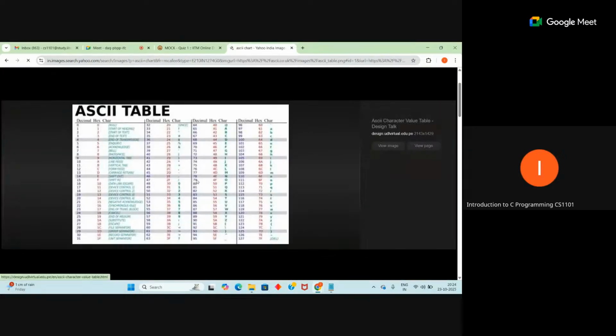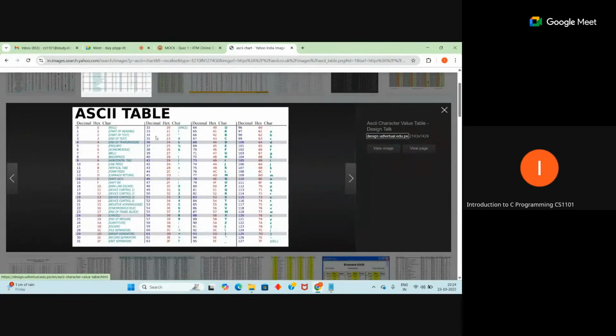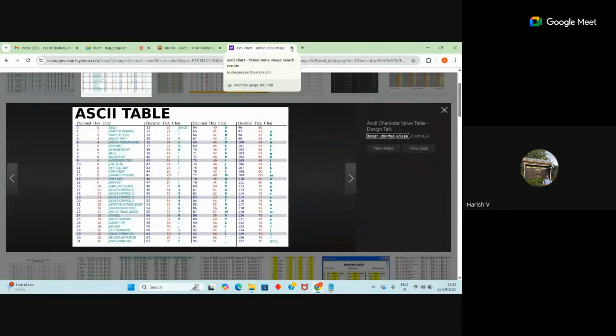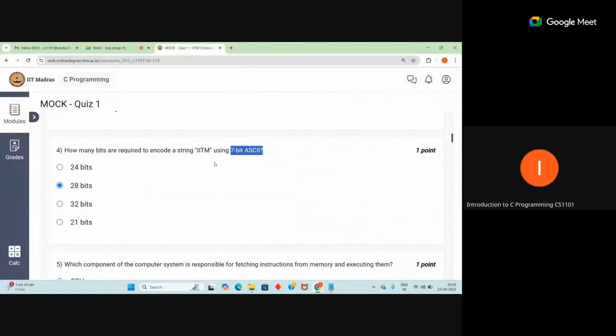For example, capital A is represented using decimal 65, capital B is 66, small a is 97, small b is 98. Like that, every character in the keyboard will have an equivalent ASCII value.